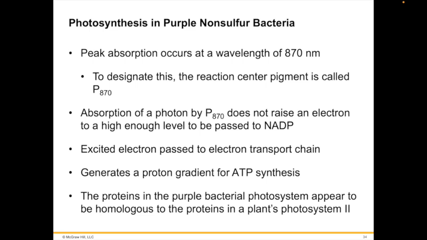When the P870 reaction center absorbs a photon, the excited electrons pass to an electron transport chain that passes the electrons back to the reaction center, generating a proton gradient for ATP synthesis. The proteins in the purple bacteria photosystem appear to be homologous to the proteins in the modern photosystem too.